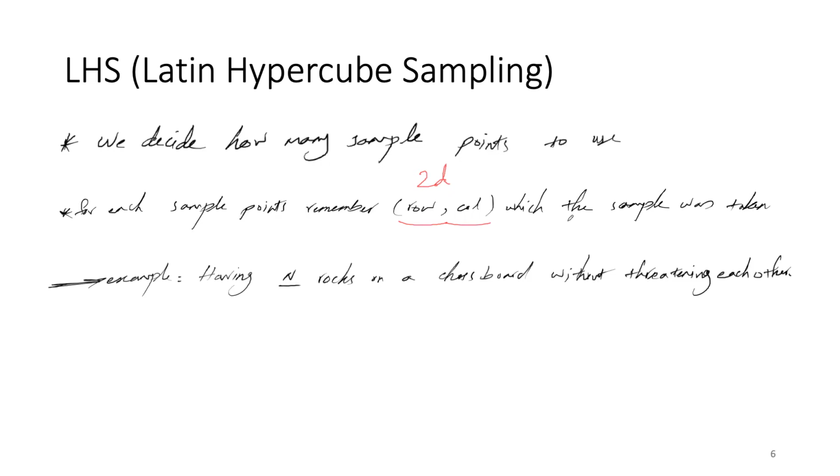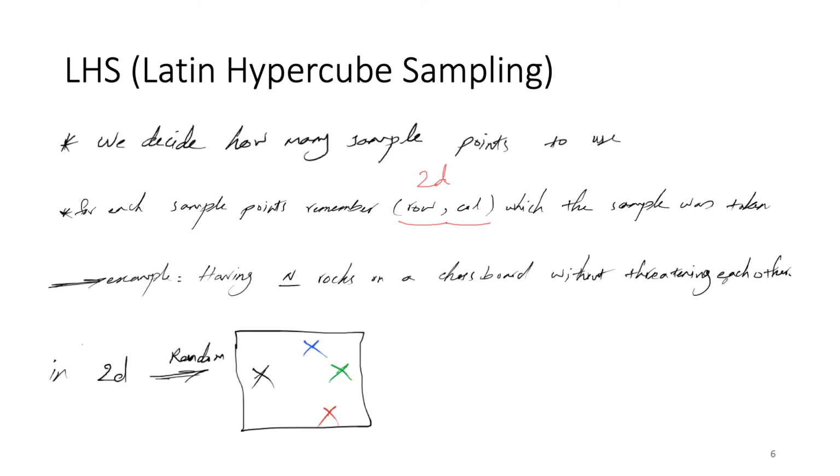If you want to visualize it as an example, assume you have n rooks on a chessboard, and you want to distribute those n rooks on the chessboard so that they don't threaten each other at all. So you want to distribute them in a way that their rows and columns are completely distributed with no threatening.